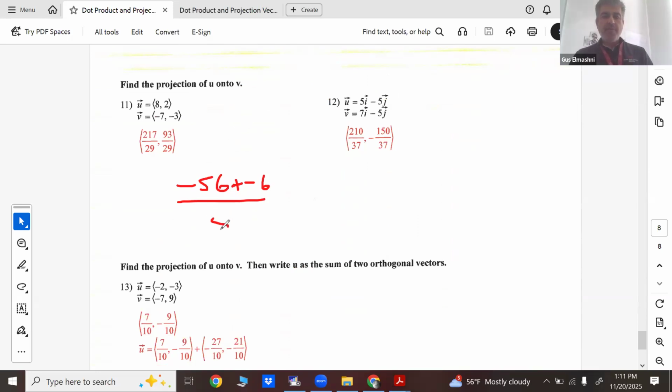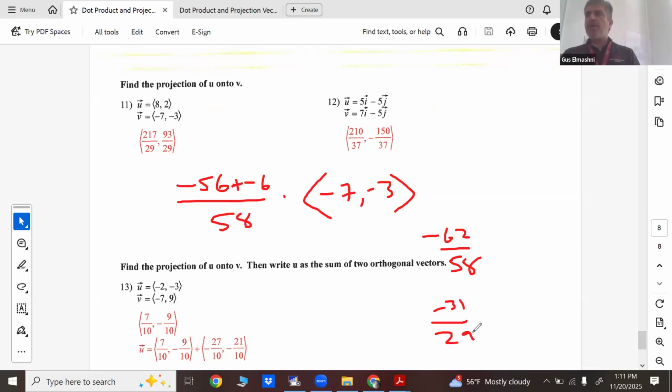So if you square the magnitude of v, you should get that. And then times vector v. So if you clean it up, you should get -62 or 58. What does that reduce to?